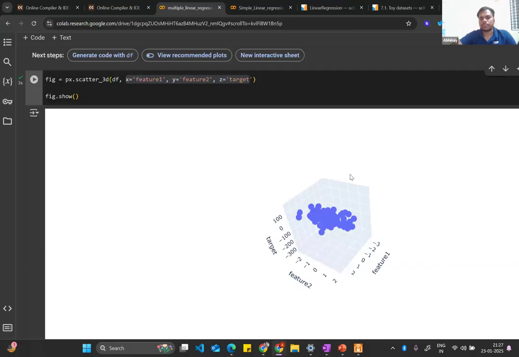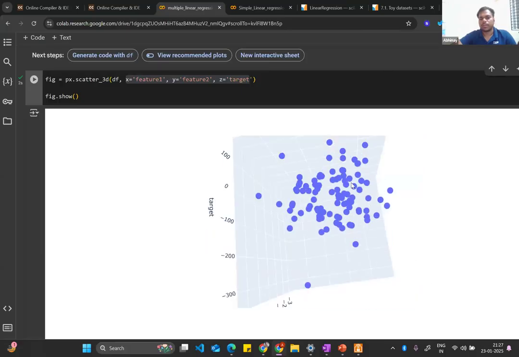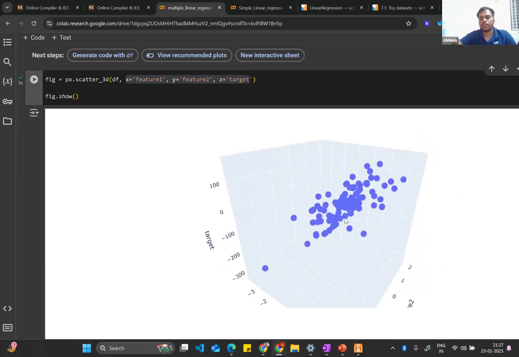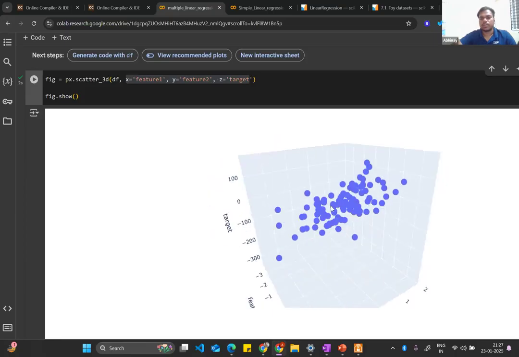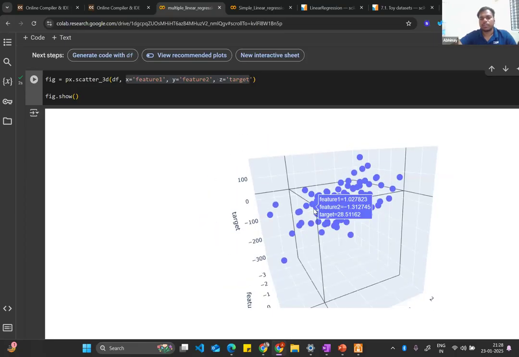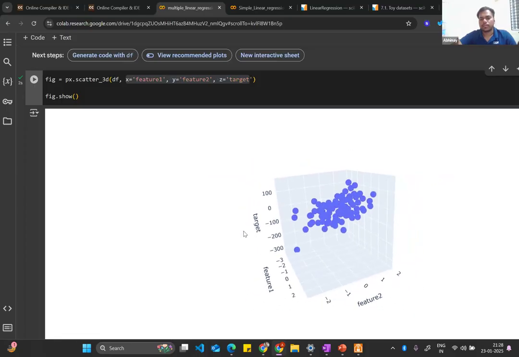Let me show you. This is the 3D structure of a data set. You can visualize this data set in a very good way in a 3D space. We have the target value, maybe you can take the x-axis, y-axis and z-axis, keeping this point.